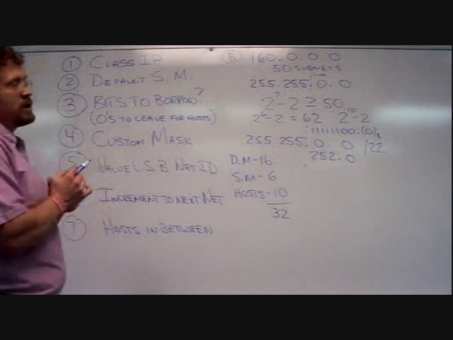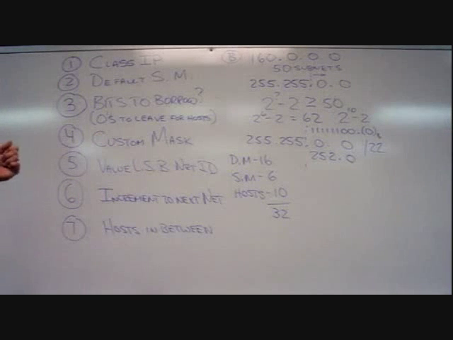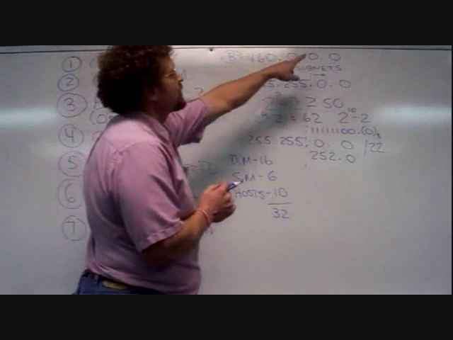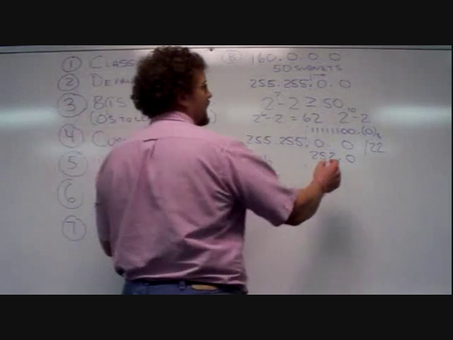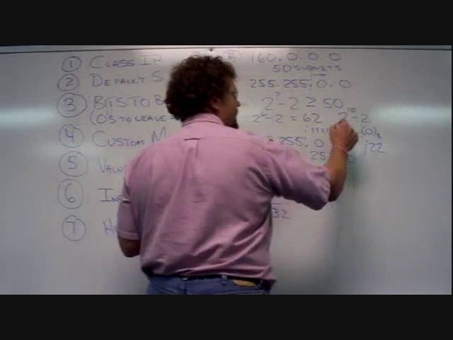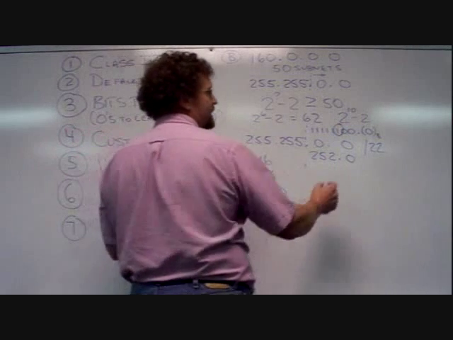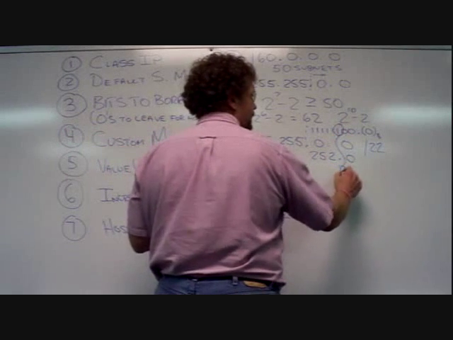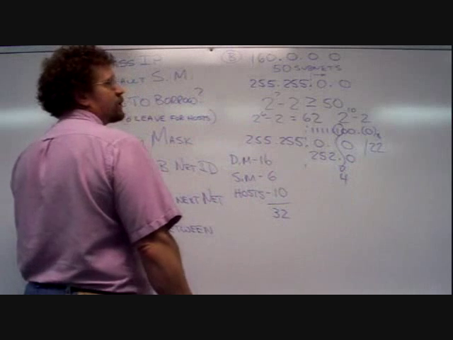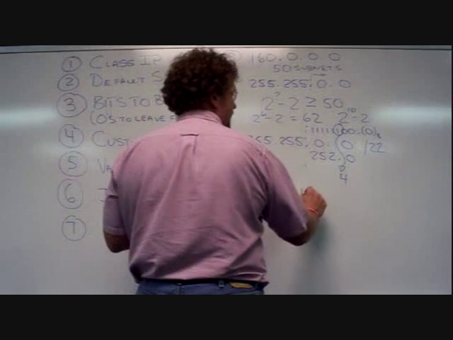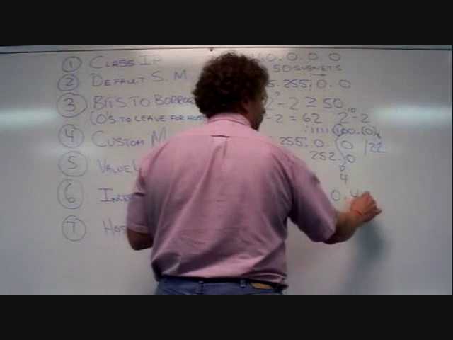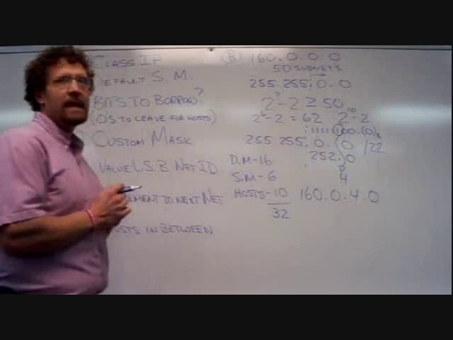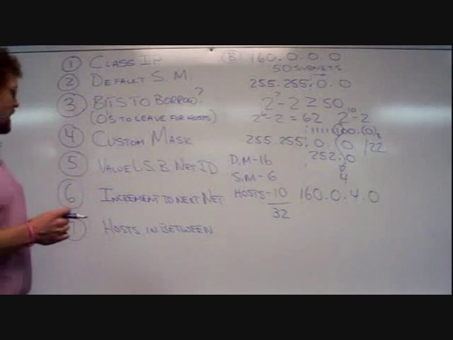The real tough question becomes, what is our starting net ID? Now again, some folks start with the 0 net, that's okay with me. I like to look at the value of the least significant bit borrowed. Its value is 4, which means that in the 3rd octet, 160.0.4.0 is a net ID.